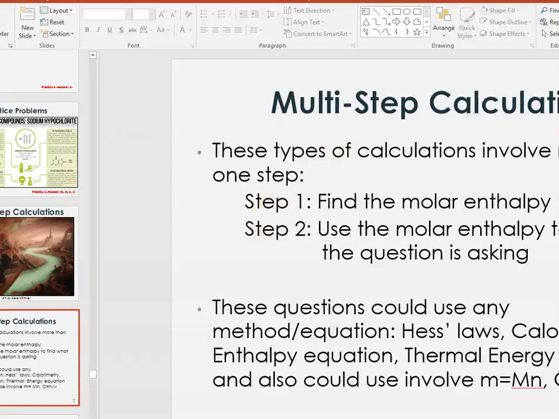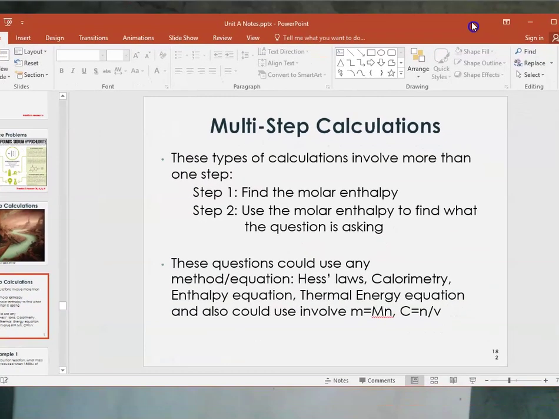So even in the notes, here I'll pull it up a second, it mentions that usually you need to look for the molar enthalpy and then use the molar enthalpy to find whatever the question is asking, which is usually some kind of question about how much energy is released for this mass of substance or this many moles of substance.